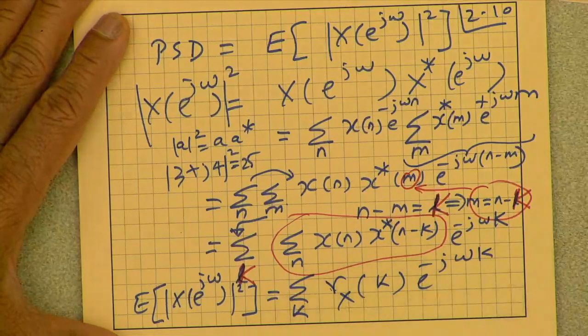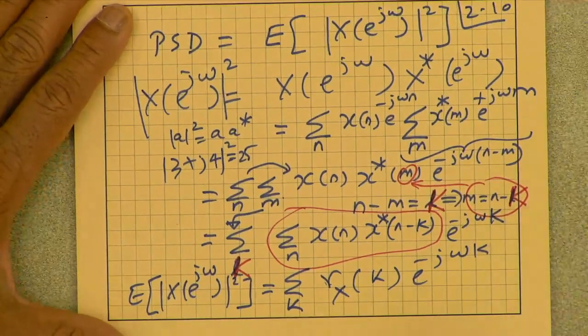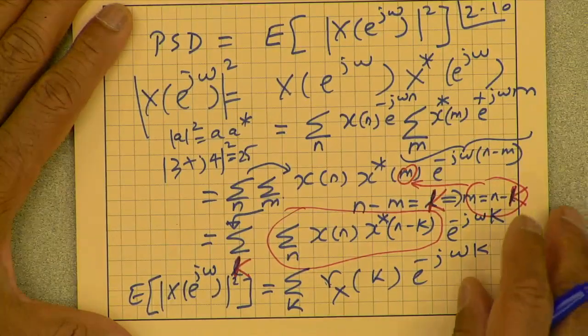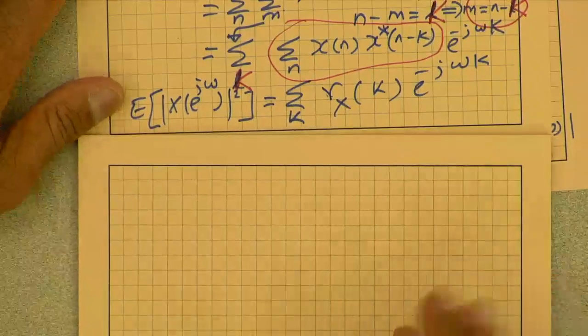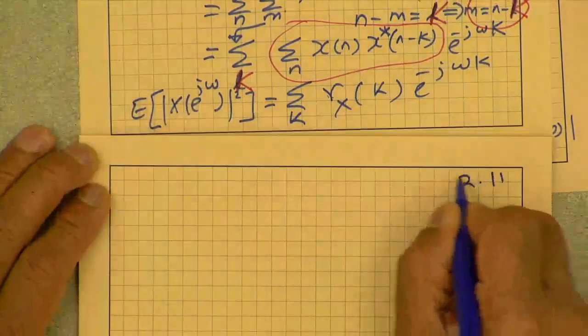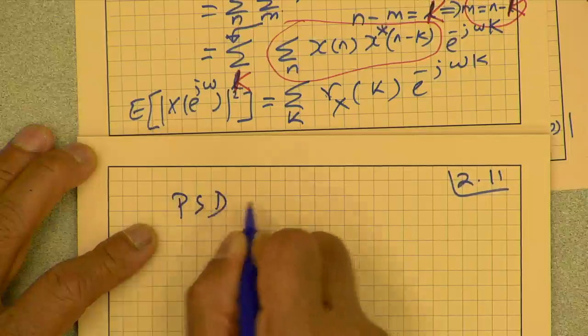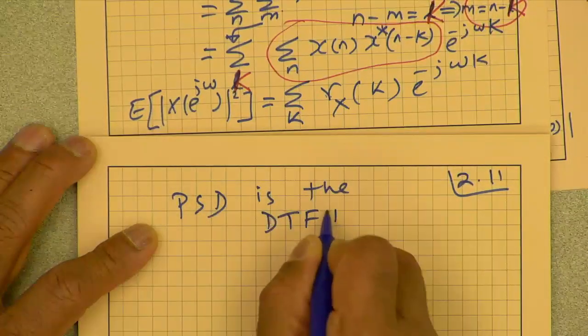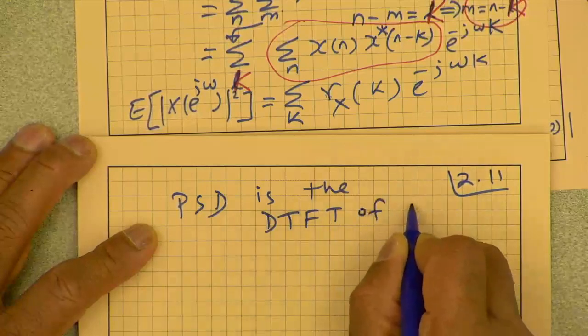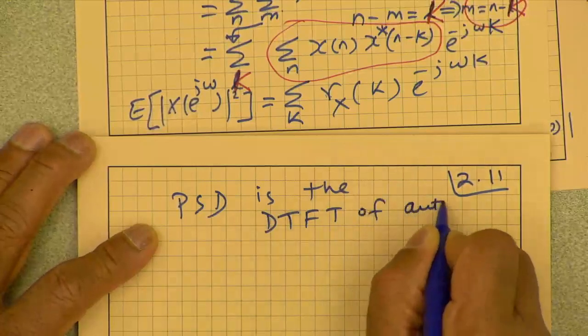So we have established something that is very significant, and we are saying that the power spectral density is the discrete time Fourier transform of the autocorrelation sequence.